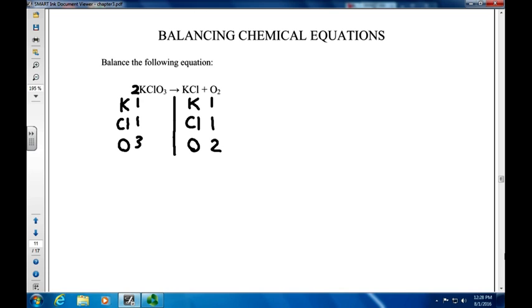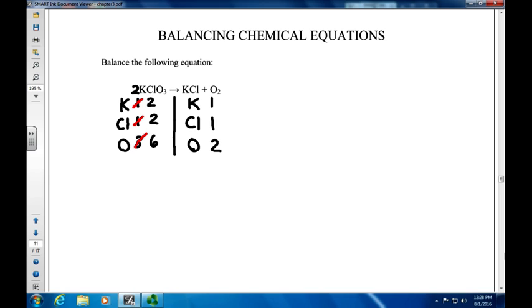So that changes our number for each species in the reactants column. Potassium is now 2, chlorine is 2, and oxygen is now 6. So now we've made things what seems to be a little worse, but it's easily fixed.